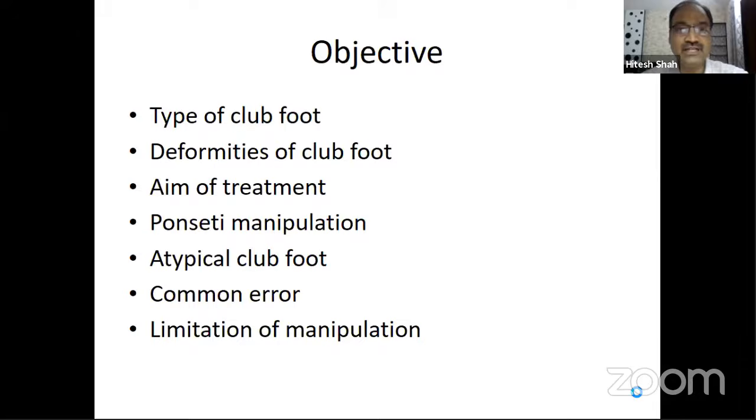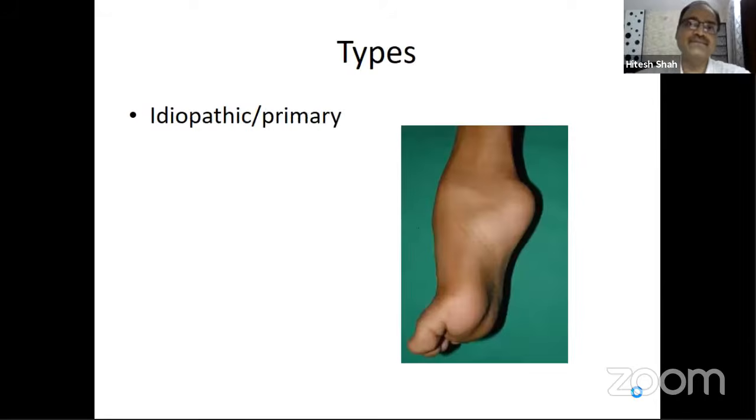I'll cover a few parts of atypical clubfoot, as many times people get confused between typical and atypical clubfoot. Common errors while doing the Ponseti method, and the limitations of the manipulation, because no technique in the world can give 100% results. That is the reason I will say how to avoid that.